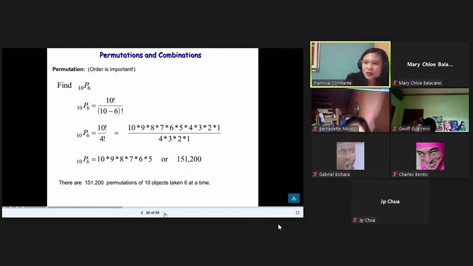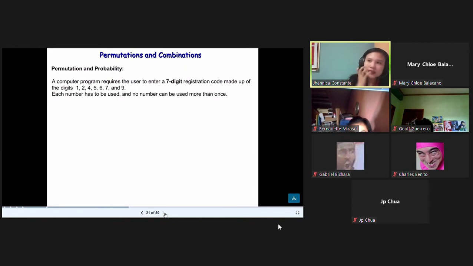Let's try this one. For example, we have this problem. We need to find the probability using the permutation on this problem. A computer program requires the user to enter a 7-digit registration code made up of the digits 1, 2, 4, 5, 6, 7, and 9.